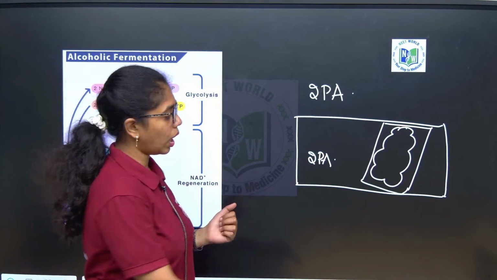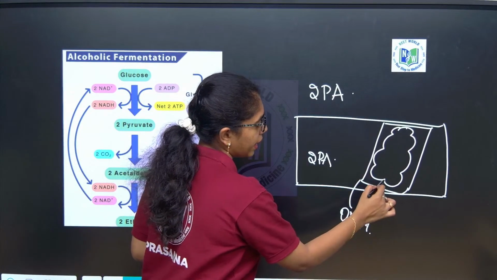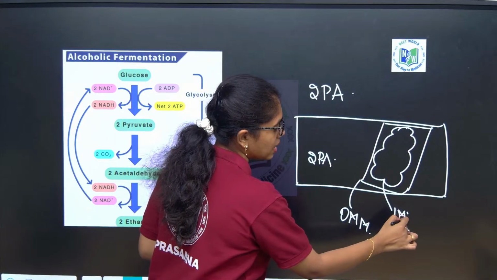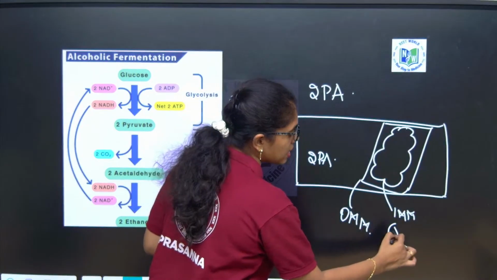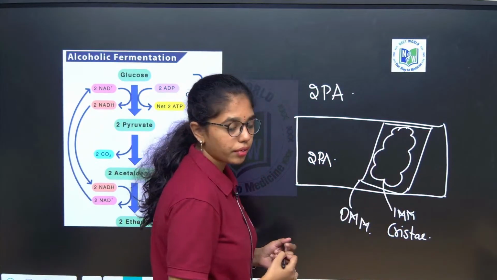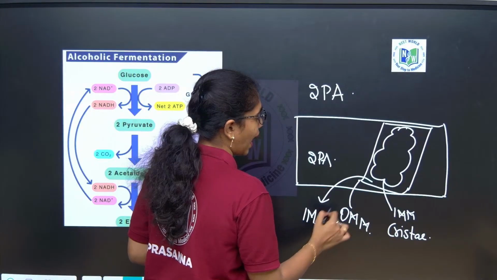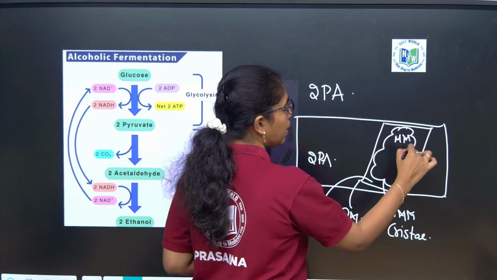Double membrane bound. Outer is the outer mitochondrial membrane and the inner mitochondrial membrane is enfolded into what? Cristae. The space between outer and inner mitochondrial membrane is what? Intermembrane space, and inside is the mitochondrial matrix.